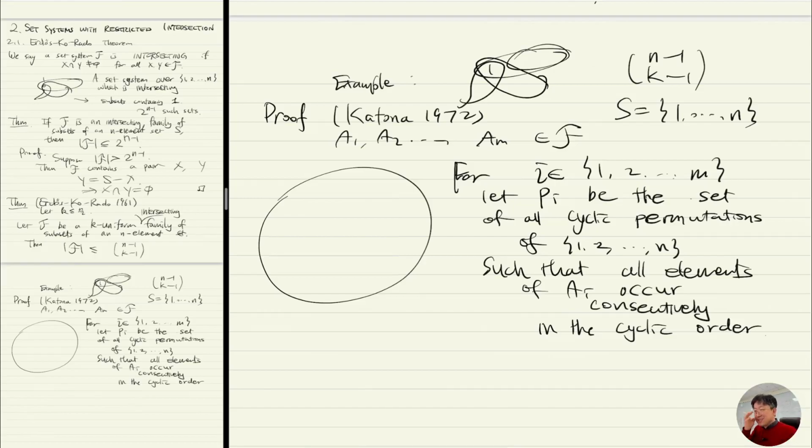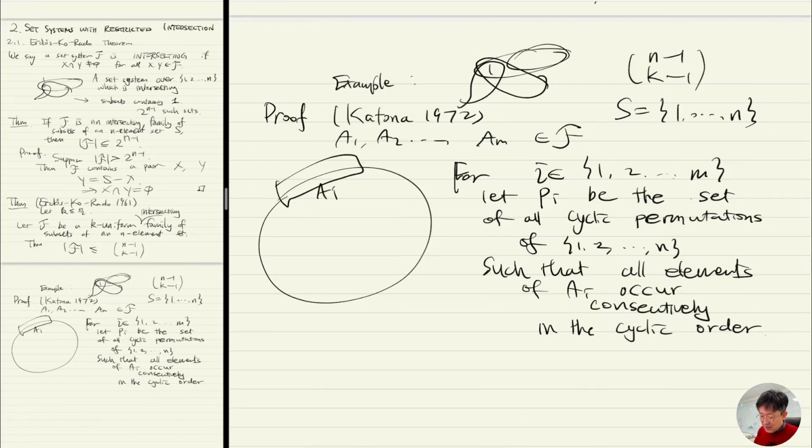So in other words, I have a round table and I want to put the numbers 1 up to n around the round table, and I'm counting such permutations. By rotating the table you have the same permutation, so we should identify them. And Pi is the number of cyclic permutations where all the elements of Ai occur consecutively.